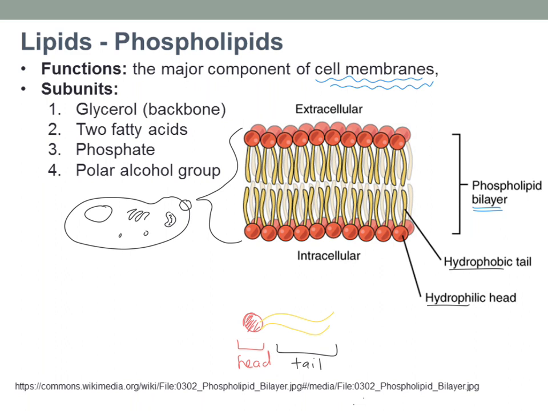And so the idea here is that these all line up so that if we have water on the outside and the inside of these cells, sorry, the outside is the top part, the extracellular, then the intracellular is the inside of the cell. We have water here, so the hydrophilic parts of these molecules are attracted to water, and the hydrophobic parts sort of hide away right here, away from water.